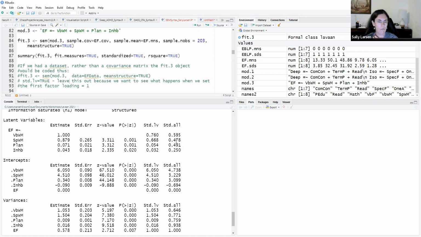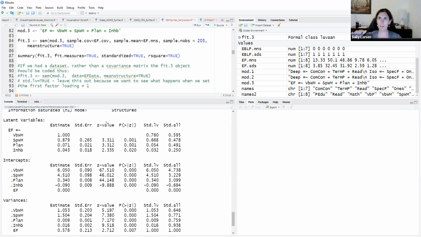Remember, these standardized ones are between 0 and 1, so they're not super high loadings. They're okay, but for a latent factor that's supposed to be capturing this domain with all these observed variables, you can get better results than this with different observed variables.